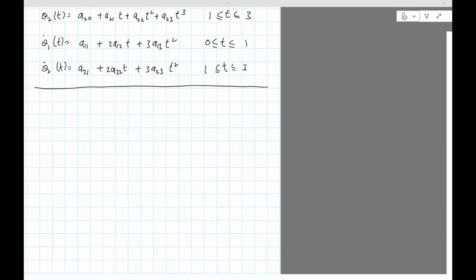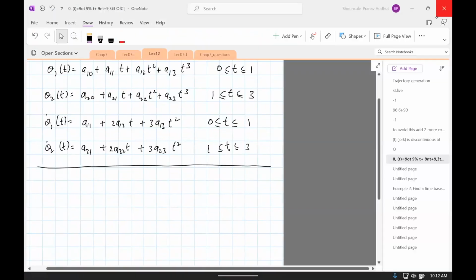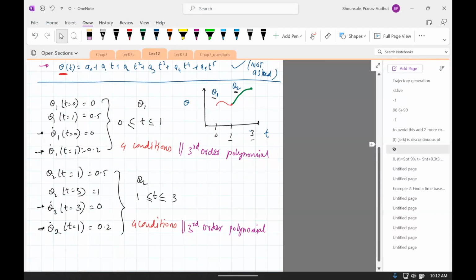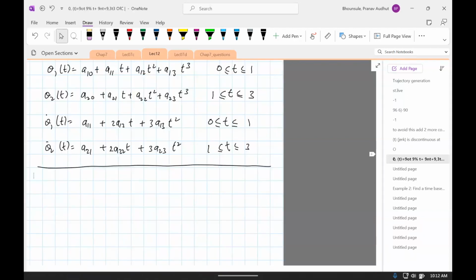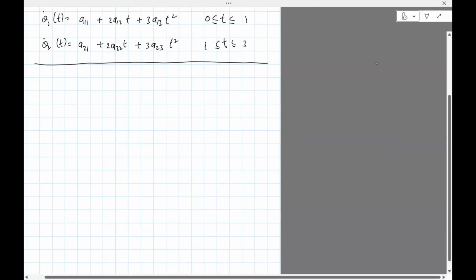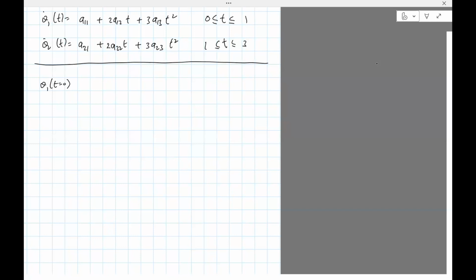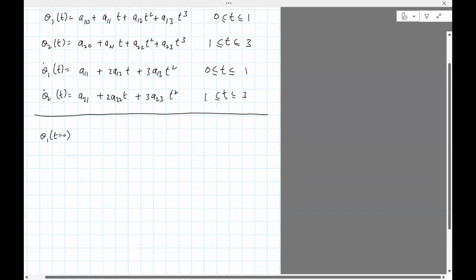Okay, so now we are all set to go ahead and substitute the values for these conditions, and those will give us 4 equations for theta 1, 4 equations for theta 2. So let's do that. So theta 1 of 0, just put t equals 0.